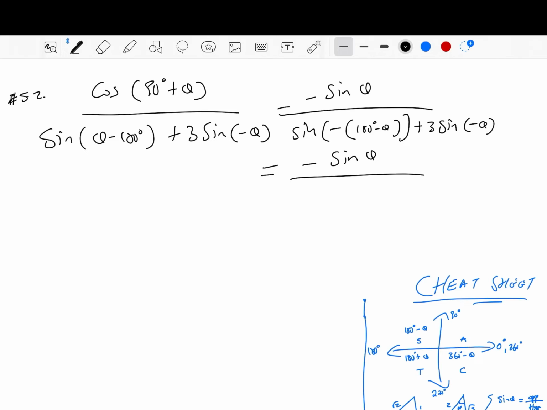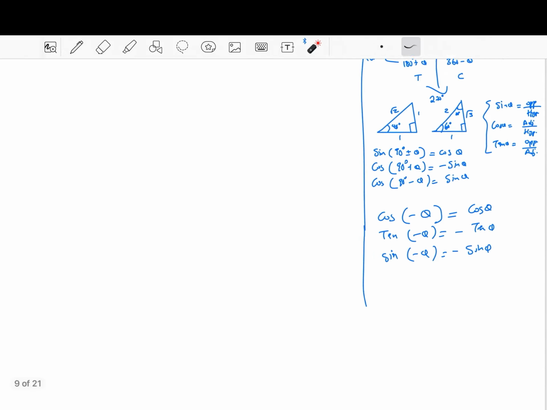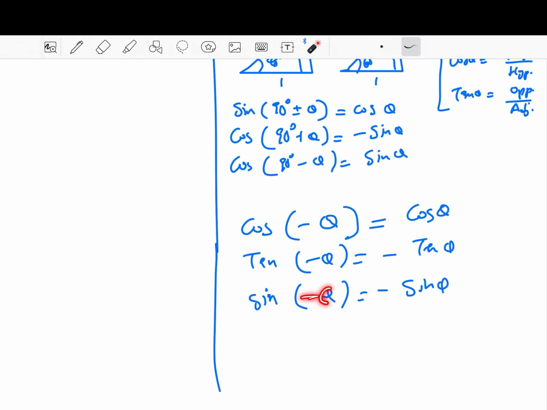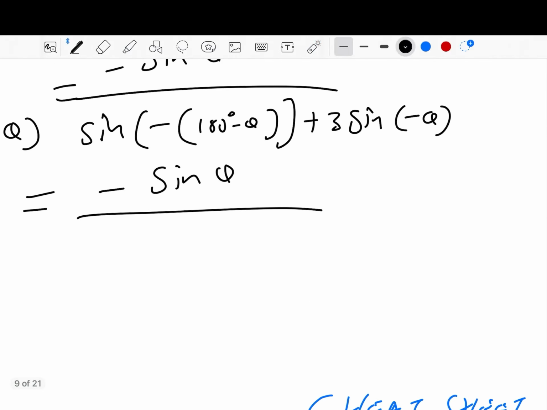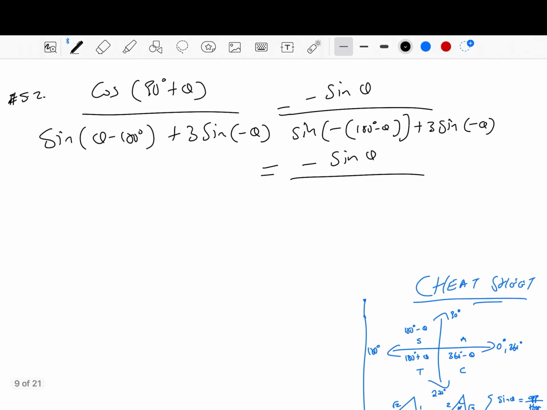And remember, we said if sine is of a negative, it cannot take the negative, you just throw it outside. So that's what you're going to be doing here. We cannot take a negative, let's just throw it outside. So negative sine of 180 degrees minus theta. And then again here, sine of negative theta, we cannot take the negative, so it's going to be negative 3 sine theta.